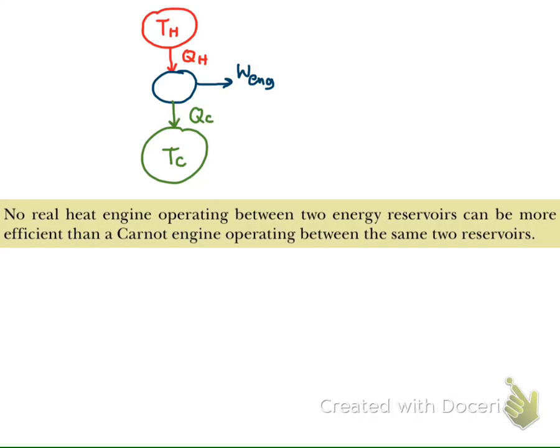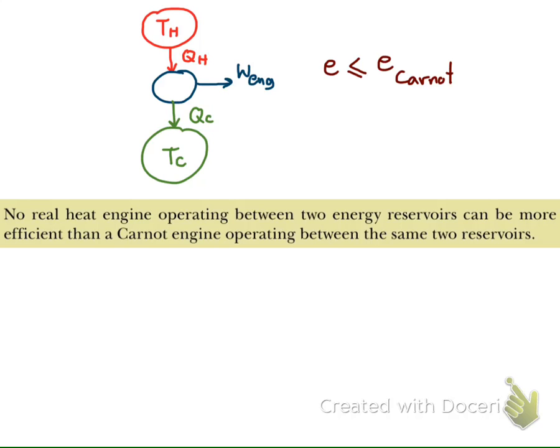Carnot stated that the efficiency of your engine will always be less than the efficiency of a Carnot engine. The efficiency of a real engine will always be less than, or if it is an ideal engine, equal to the Carnot engine, but it cannot be greater.